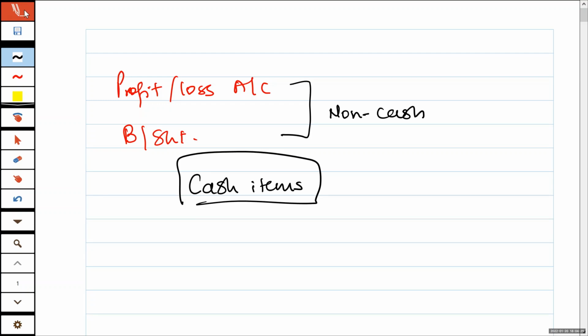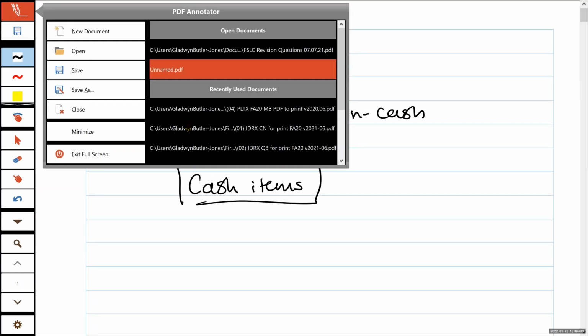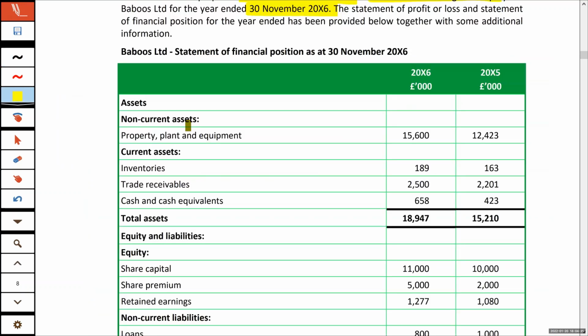So what other kind of items are we going to look at? In this question of Boost Limited, we've been given a statement of financial position as at the 30th of November X6. So that is my current year, which means any of these figures are current year figures.